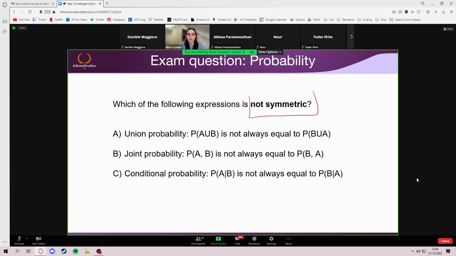So this one is true. These are indeed false. So the question is basically which expression is not false. Exactly. So let's check. Yes, it is indeed conditional probability because that is not symmetric. It just asks which expression is not symmetric. In this case, it's C because these two are both symmetric. Okay.